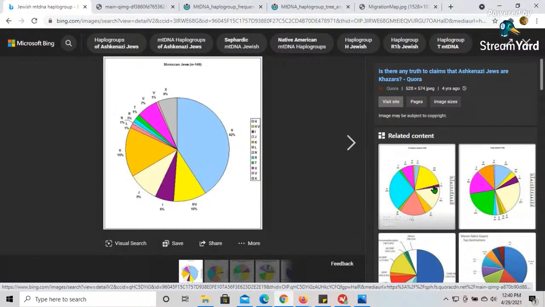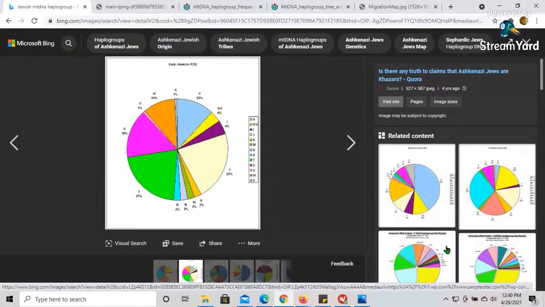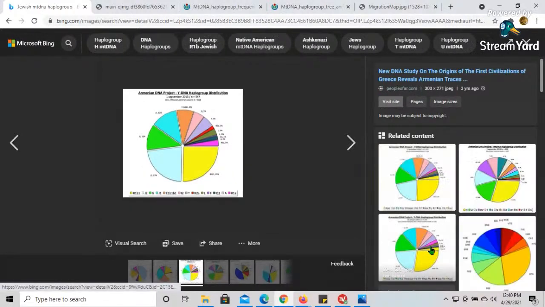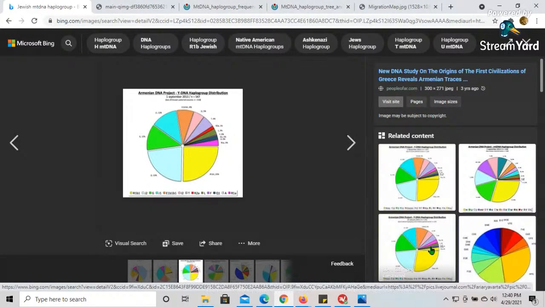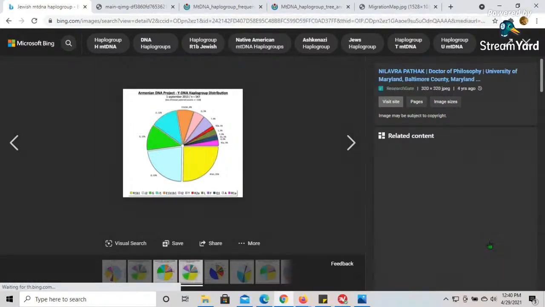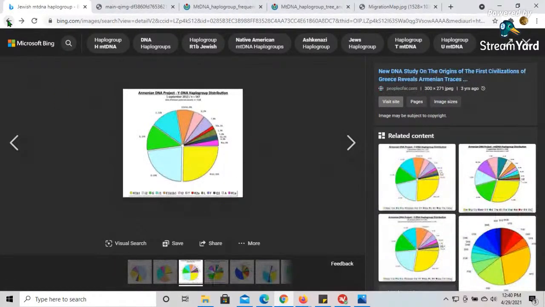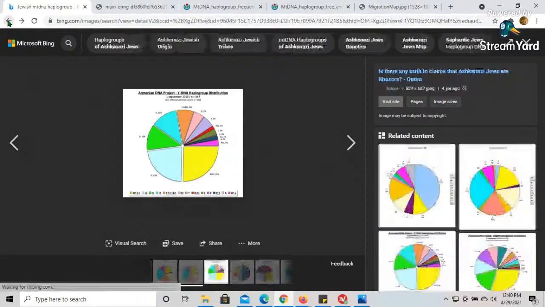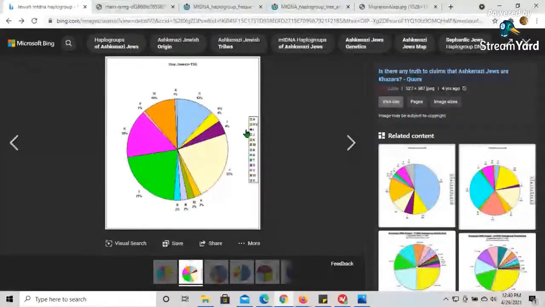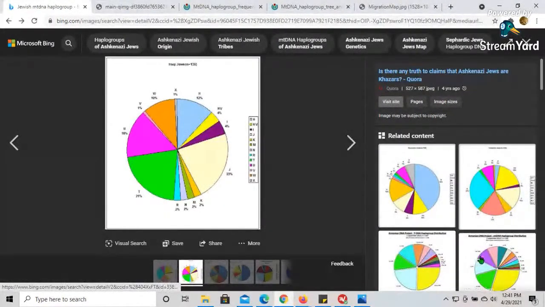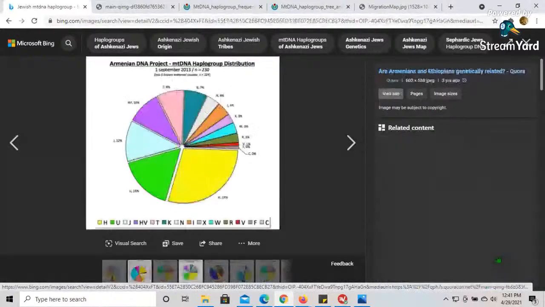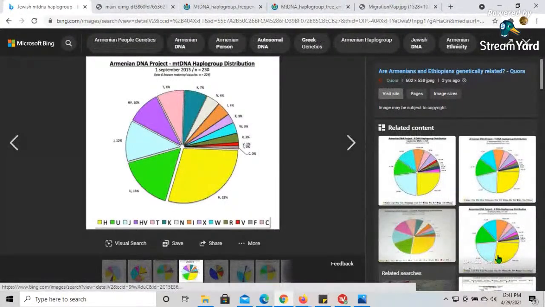Moroccan, Iraqi, American. Well, American is American, not Jewish. I guess we're getting away from the Jewish mtDNA now. Anyway, ancient DNA. Armenian.